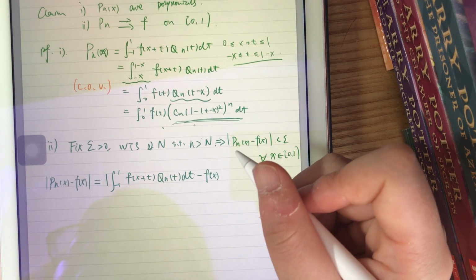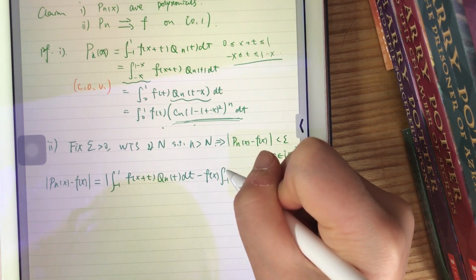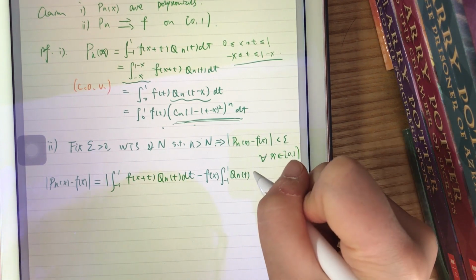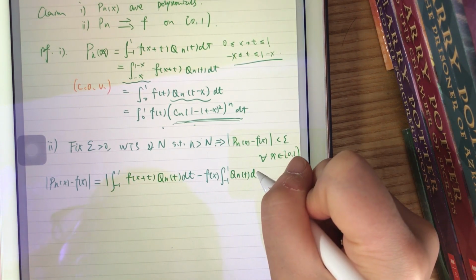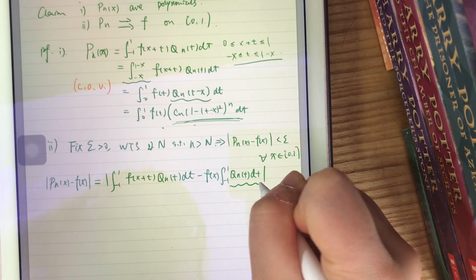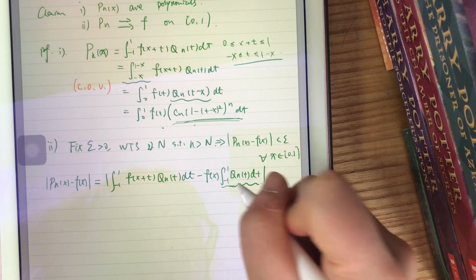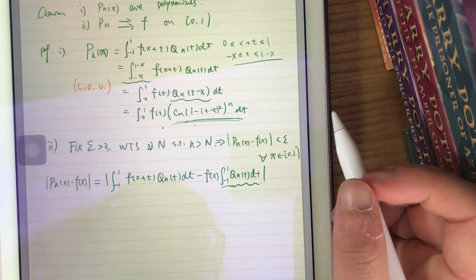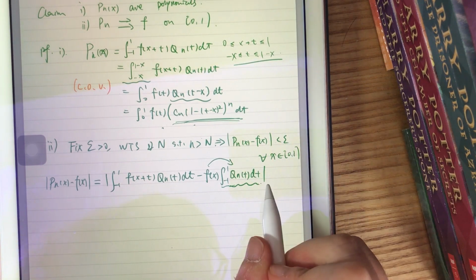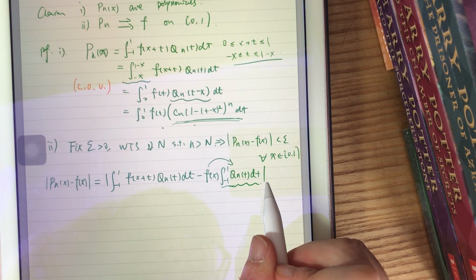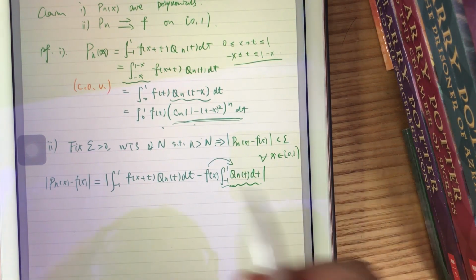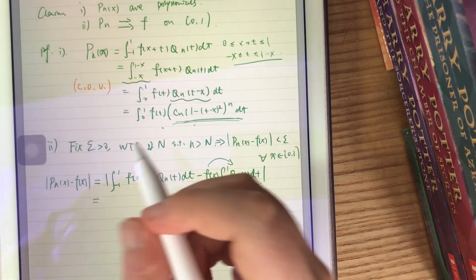We get f(x) times the thing that we just proved, the integral of qn(t) is equal to 1, right? We proved that this integral is 1, and we put f(x) into that integral because it is an integral with respect to t, so it doesn't matter if you put f(x) in it, right?